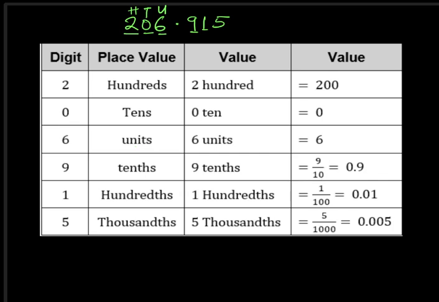Remember, we just finished changing decimal number to decimal fraction and decimal fraction back to decimal numbers. So 9 over 10, if you do your shifting once, that will give us 0.9. And then the value of 1 is 1 over 100. If you do your shifting 2 times, you have your answer. And then the value of 5 is 5 over 1000. You shift 3 times, 1, 2, 3, and the answer will come out.